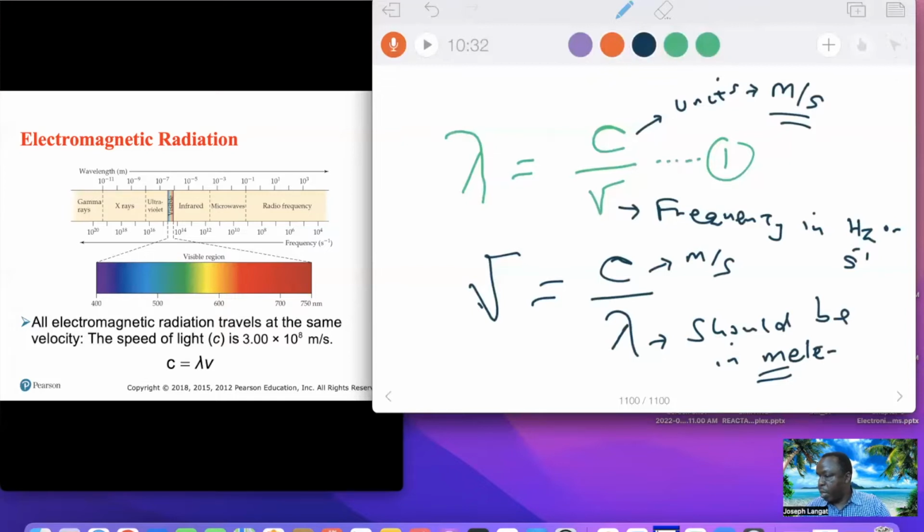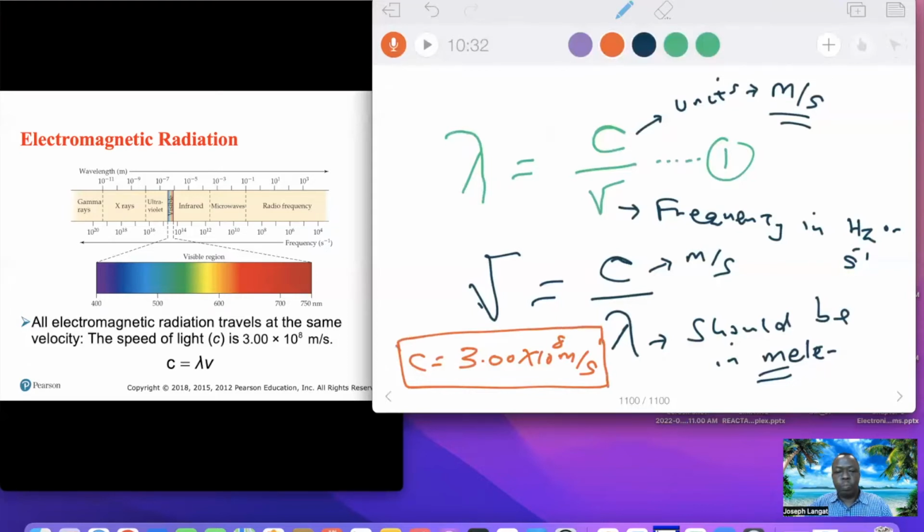And remember, c is always 3.00 times 10 raised to 8 meters per second. You'll be given that.